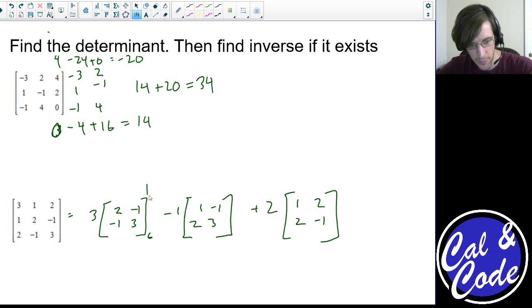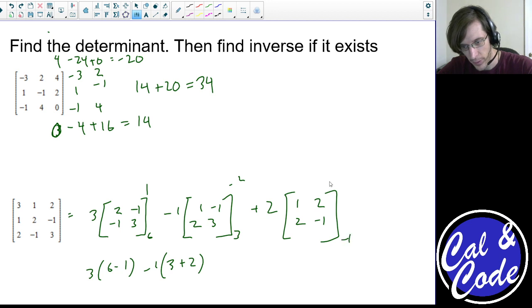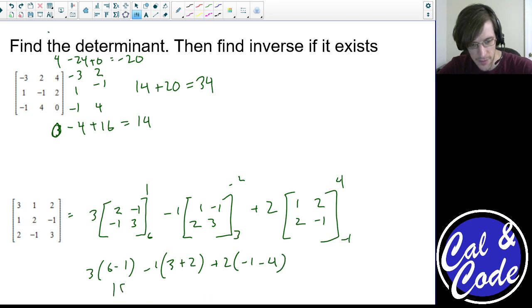Multiply down, get 6, multiply up, get 1, so I have 3 times 6 minus 1, minus 1 times, multiply down, get 3, multiply up, get -2, 3 minus -2, and plus 2 times, multiply down, get -1, multiply up, get 4, so 2 times -1 minus 4. So I end up with 15 minus 5 minus 10, which I get 0.